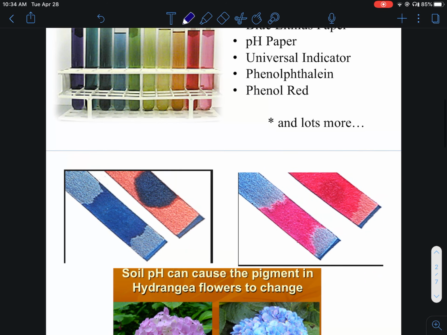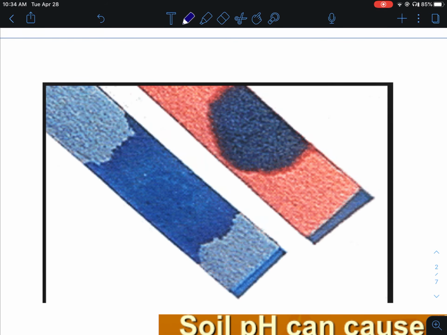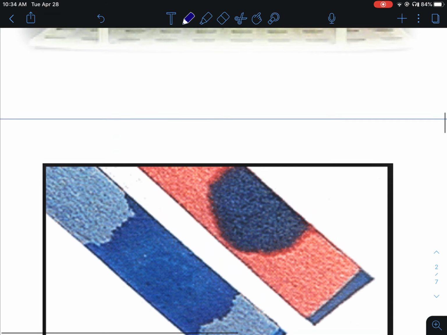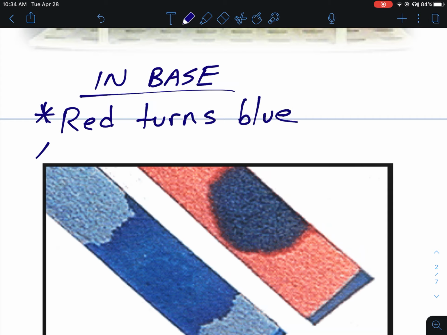And so, just to review a little bit, for red and blue litmus paper, if you had a base, if you were to take red litmus paper, red turns blue. Okay. The blue litmus paper stays blue.